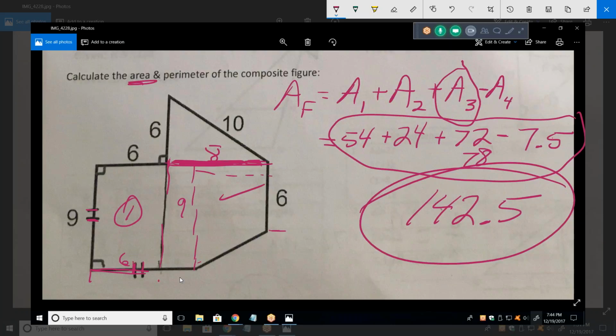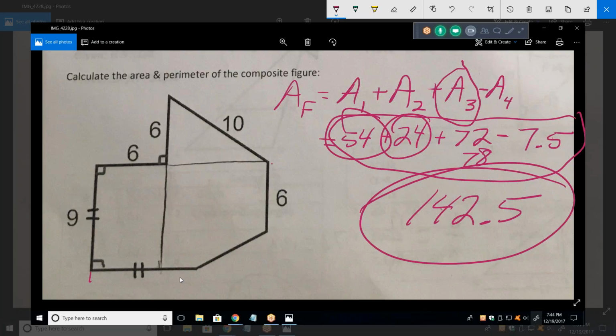So these problems always have multiple ways of doing it. The approach I generally use is that if I can deal with nothing but rectangles and triangles, I'll do it. And notice that's what I did: a rectangle, a triangle, a rectangle, and a triangle. I didn't have to deal with a trapezoid.